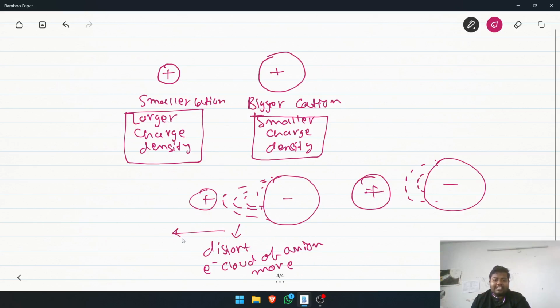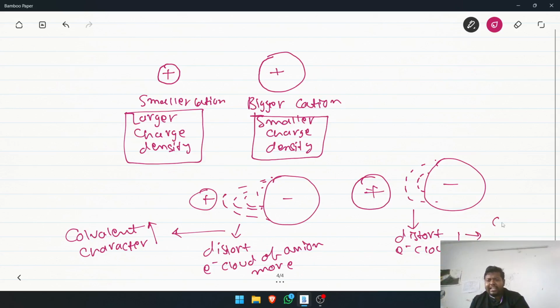From here we can say the covalent character increases. When the cation is bigger, it distorts the electron cloud less, so the covalent character must be very less.